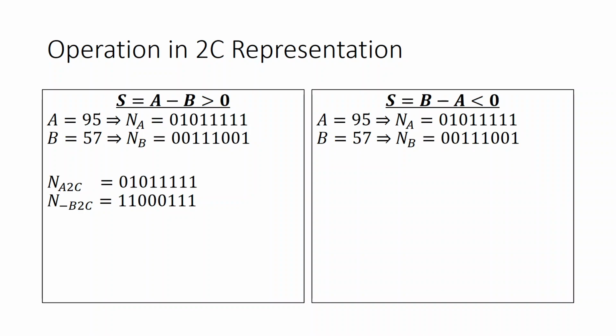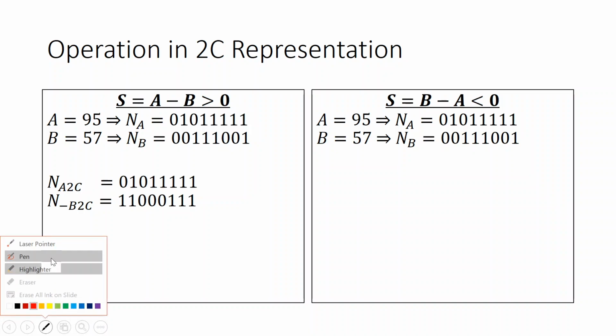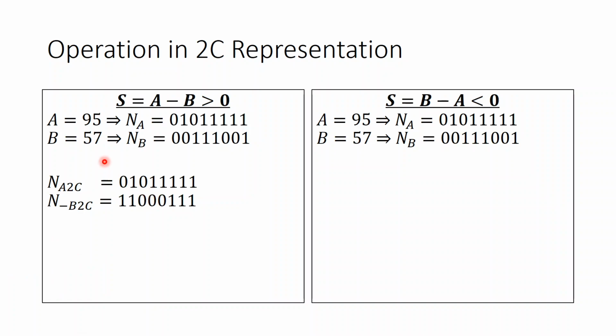As you can see, you have your numbers. One number has the quantity value of 95, and we are using 8-bit binary, so the twos complement representation is in 8 bits.